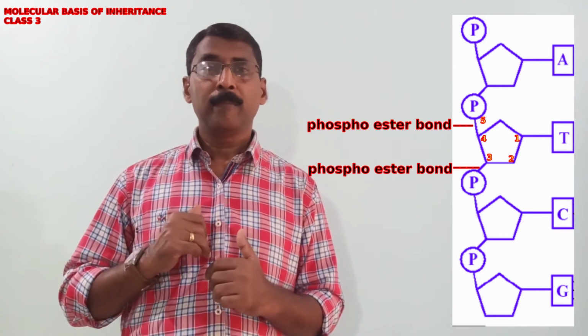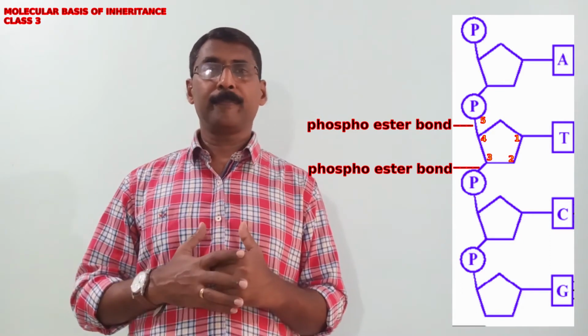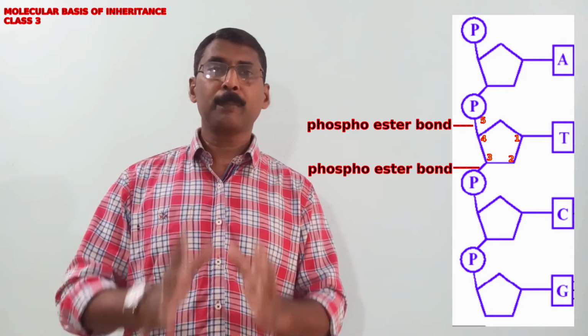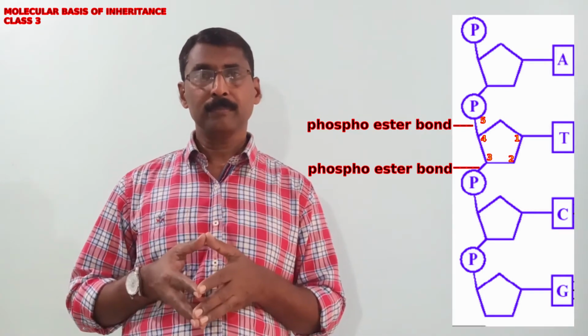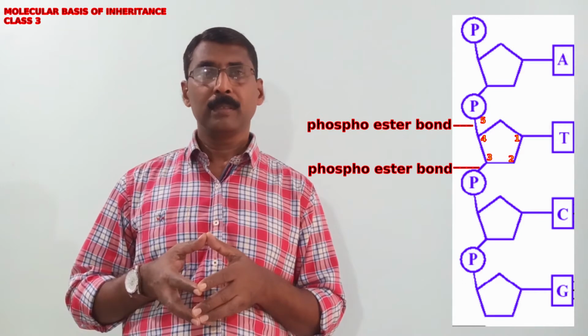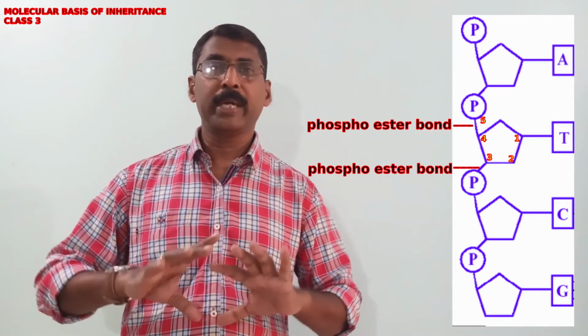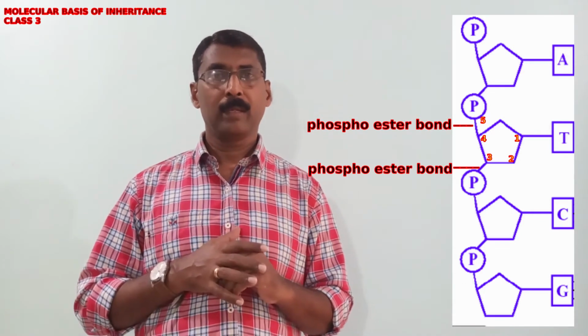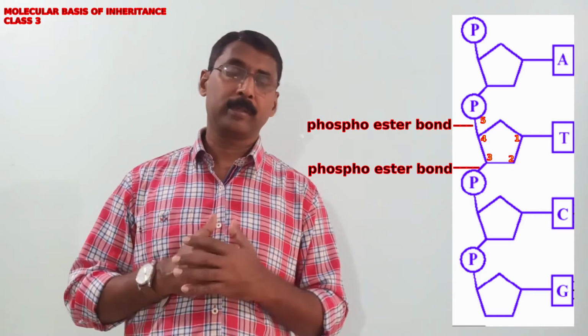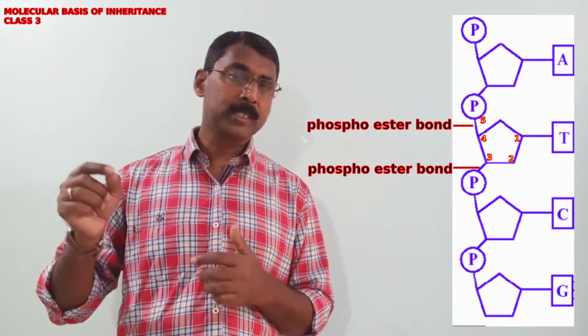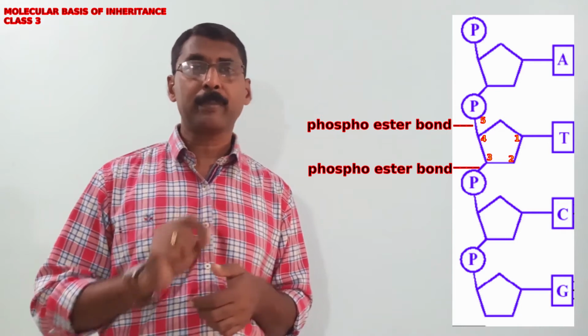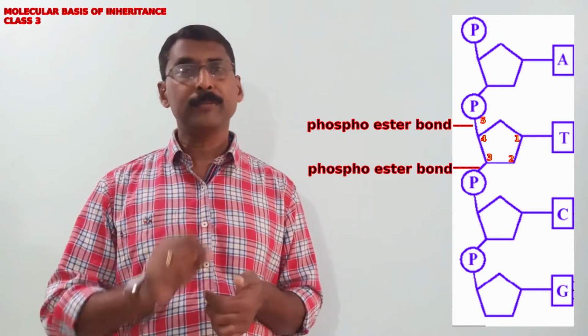So, between two nucleotides, two phosphoester bonds should be there. That condition is called a phosphodiester bond. A phosphate group connected to the third or fifth carbon atom of a nucleotide is by a phosphoester bond.